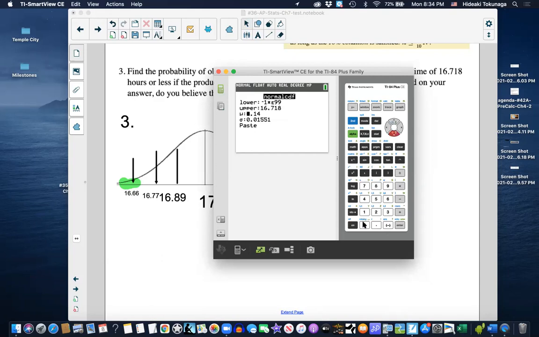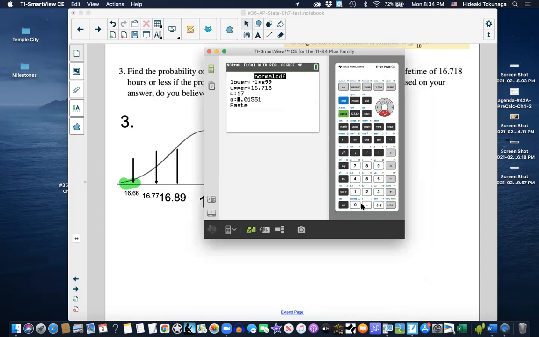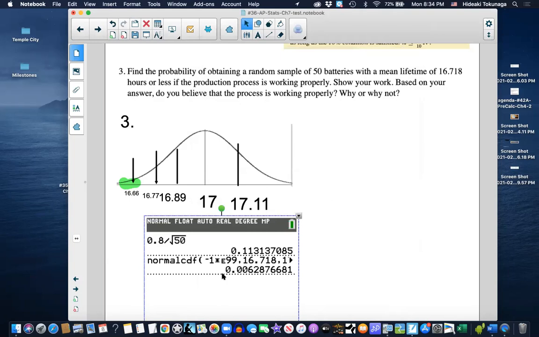Mu is 17 hours. Standard deviation is 0.113. Okay, let's run this. Okay, 0.00625, which is very small. So to the nearest thousandth it is 0.006, I guess.